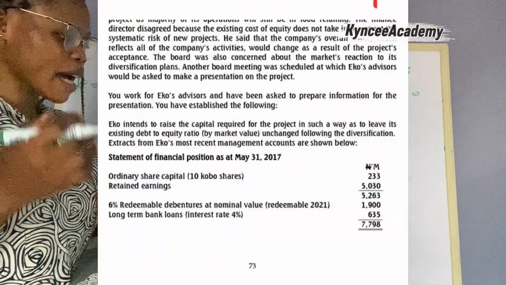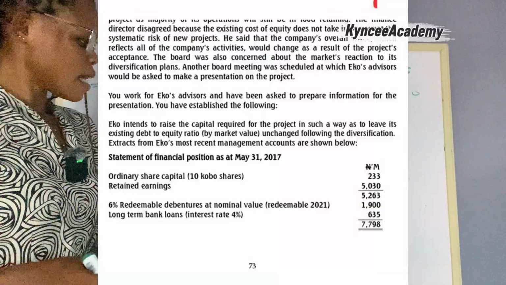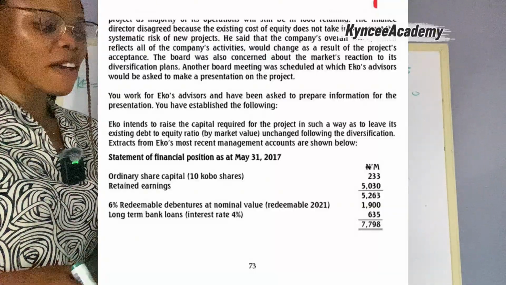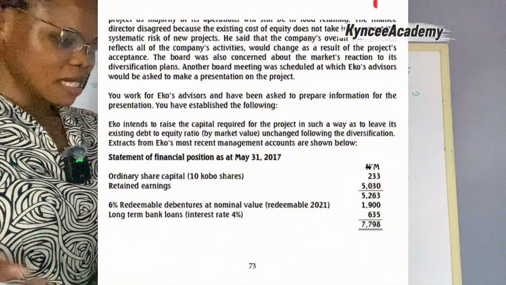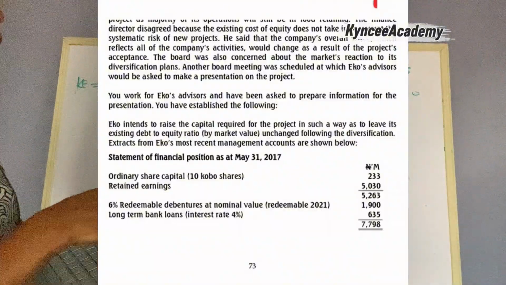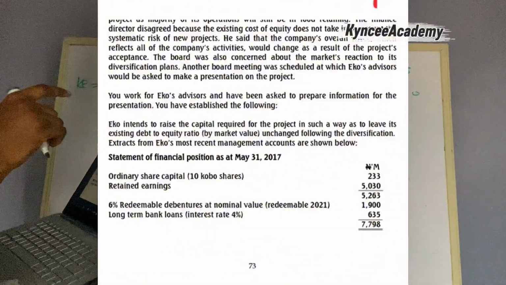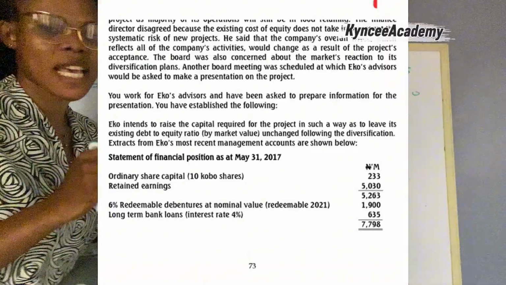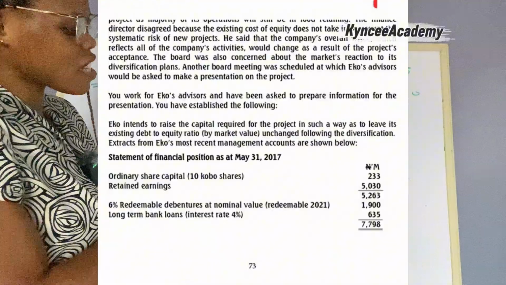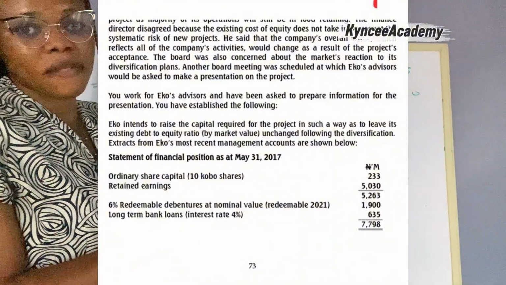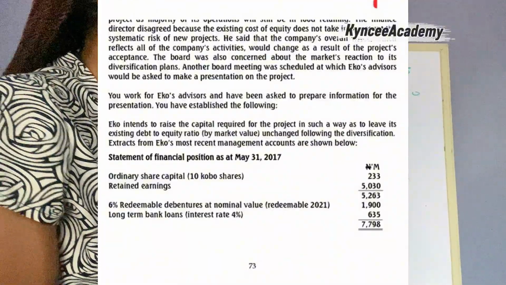We have ordinary share capital of 233, then retained earnings of 5,030 naira. You understand? Which sums up to be 5,263. That's our closing shareholders fund as at the statement of financial position as at May 31st, 2017.